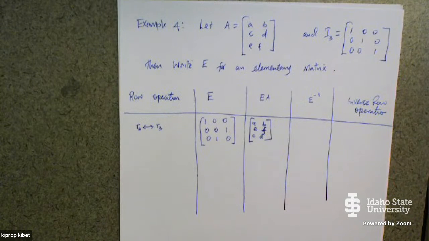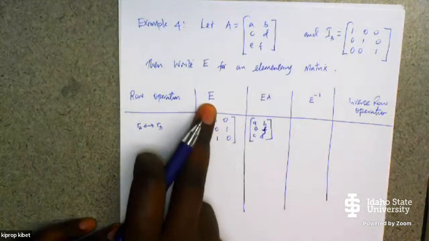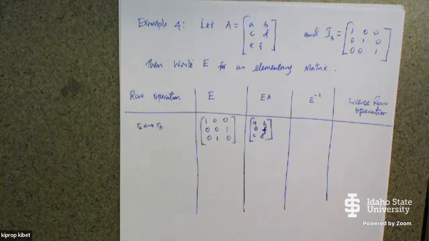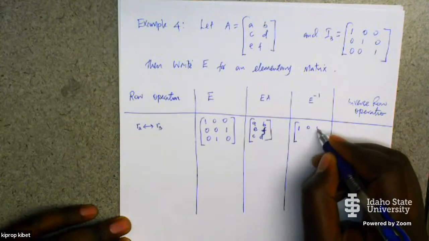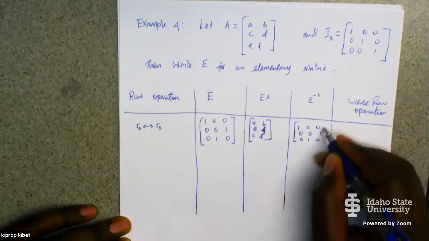Now, the inverse here is the same. The inverse of E will just be the same. So if you switch, the inverse will not change. 1, 0, 0, 0, 0, 1, 0, 1, 0.